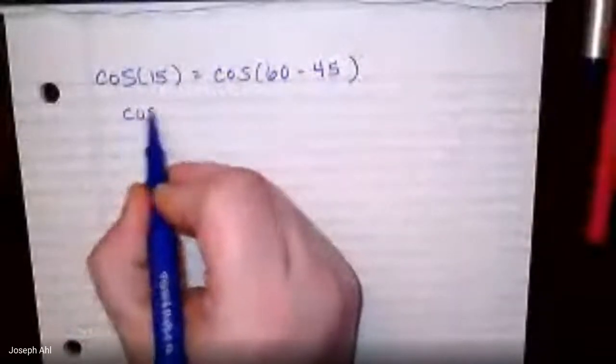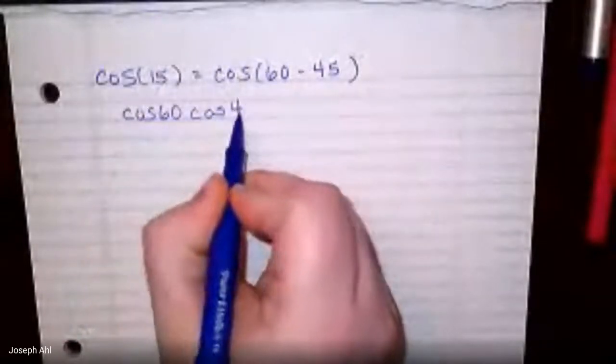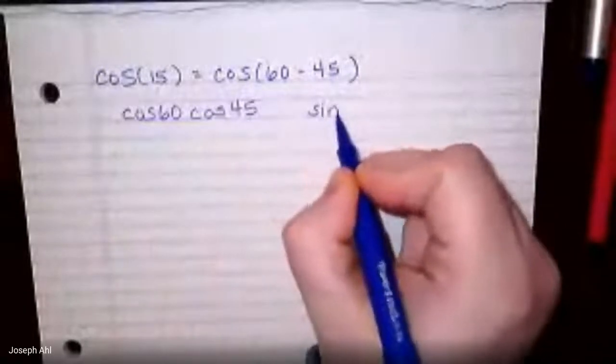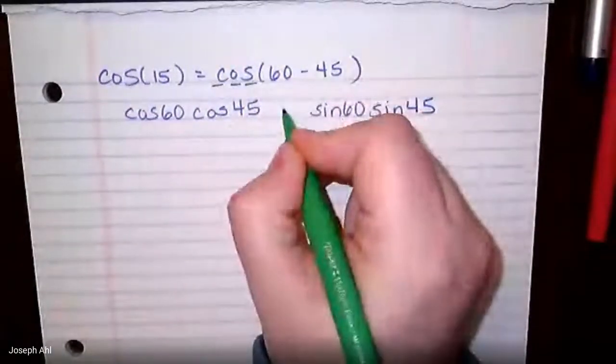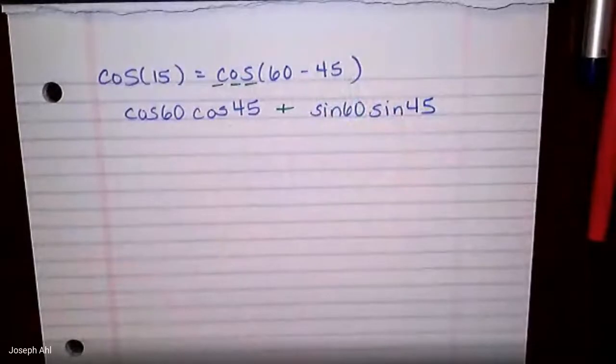Okay. So that's going to be, if I expand that out, cosine, cosine, sine, sine, cosine 60, cos 45. And then we're going to put sine 60 and sine 45 together over here. What do I do for cos, though? Cosine, COS, has a change of sign. So this is actually going to be a plus sign in the middle.